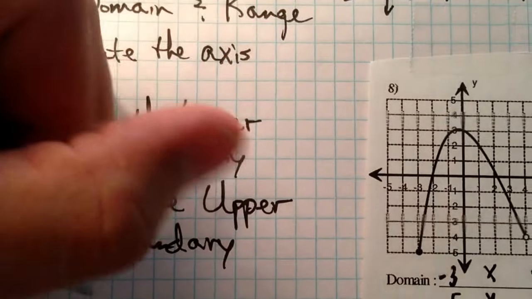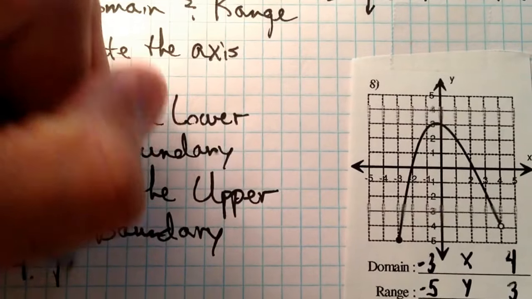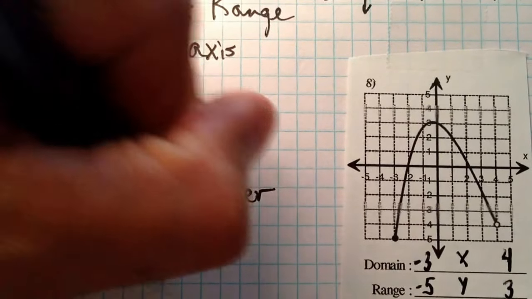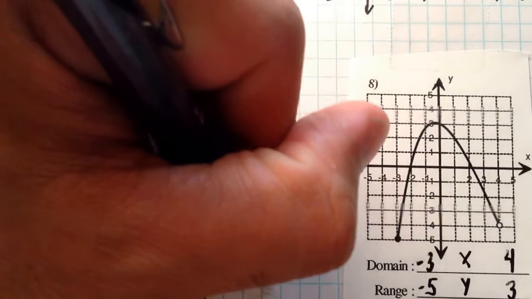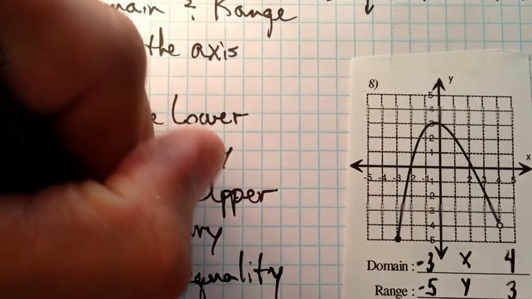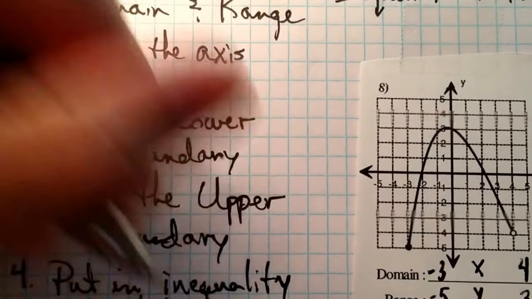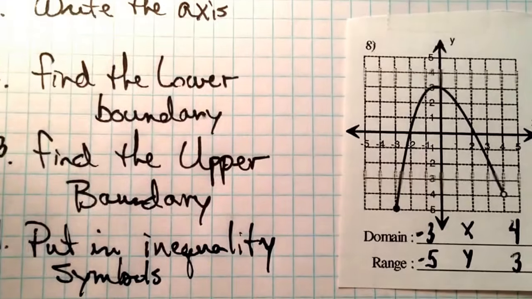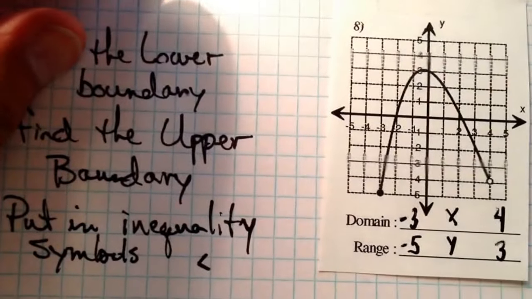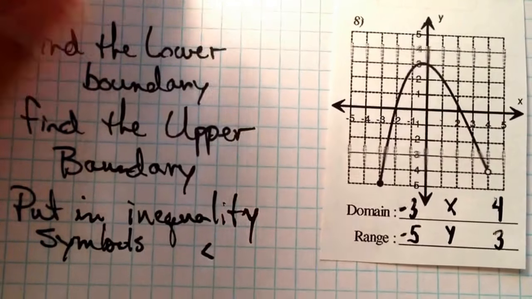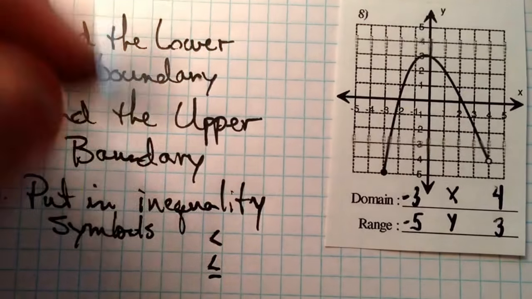Now, the last step is to put in my symbols. And we are always going to use either less than or less than and equal to.